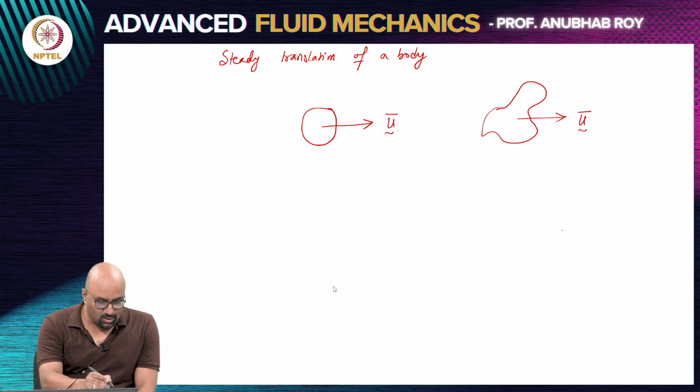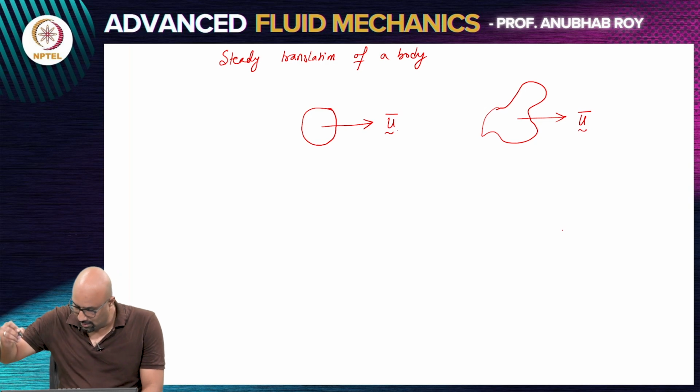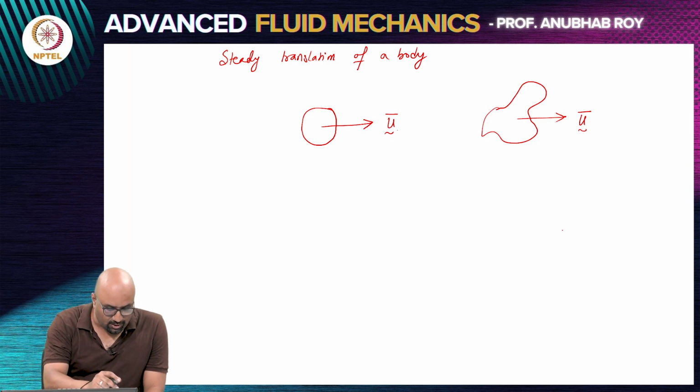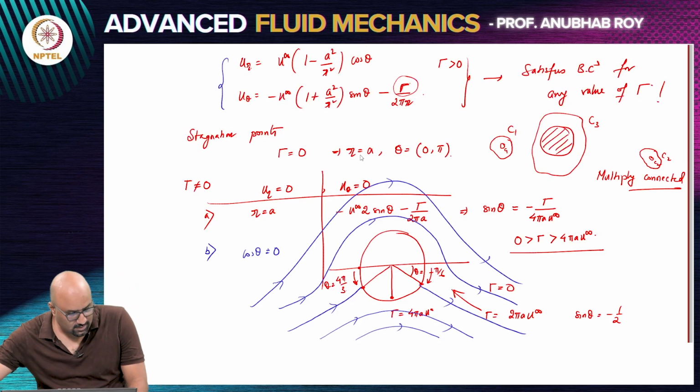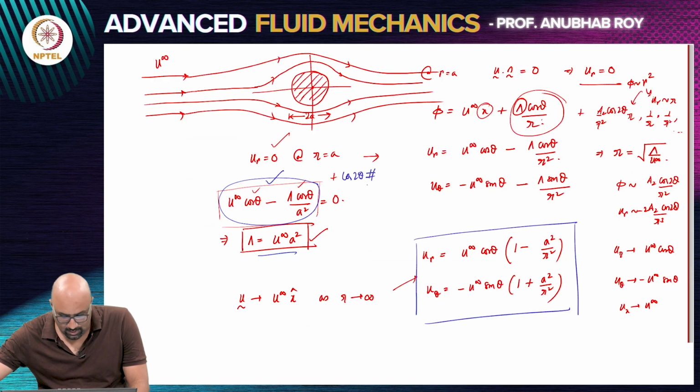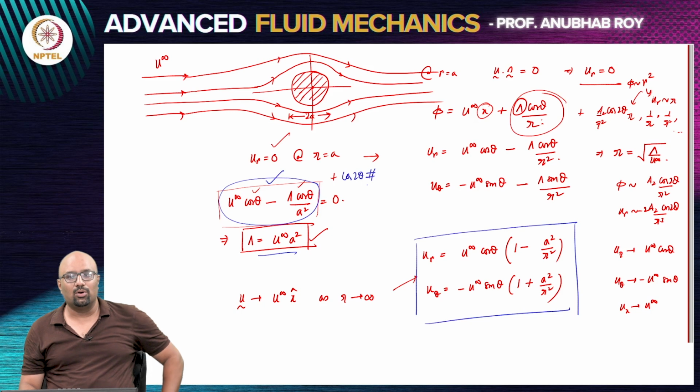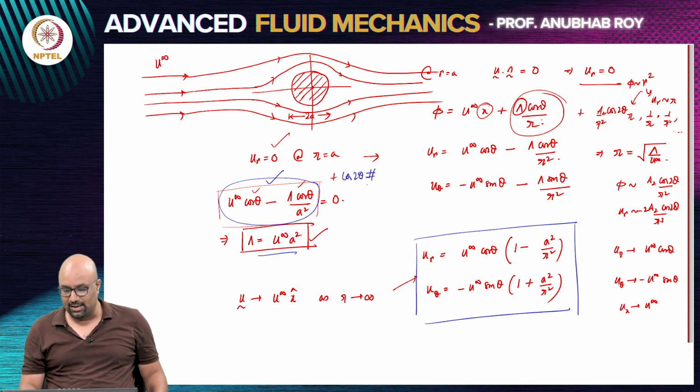So going back to the problem that we have already solved, which is the flow past a circular cylinder. This is a flow velocity field that you are observing due to a cylinder that is held stationary in a uniform flow.